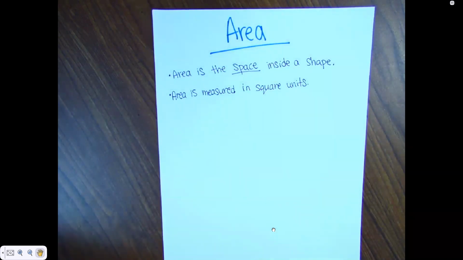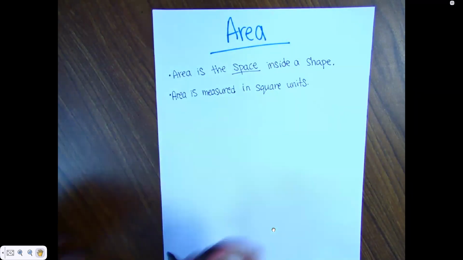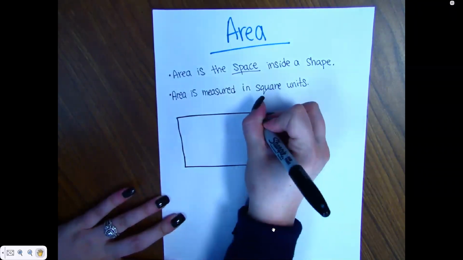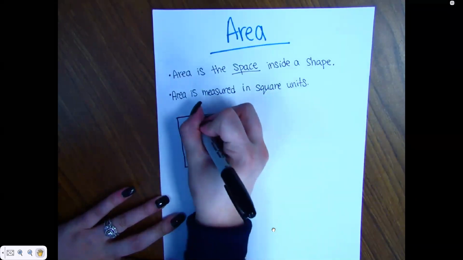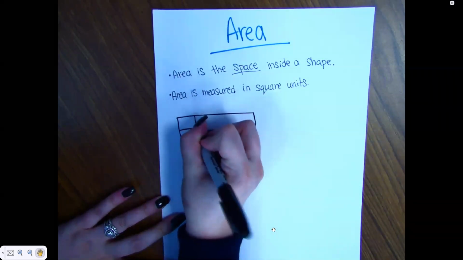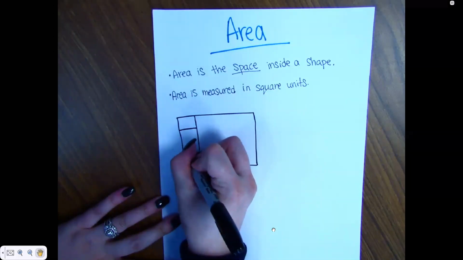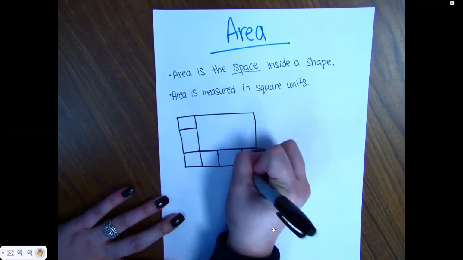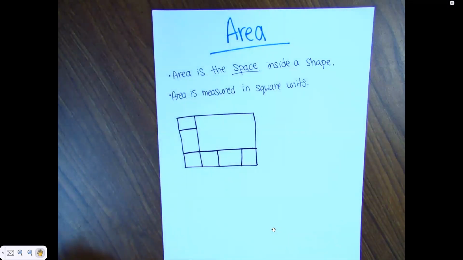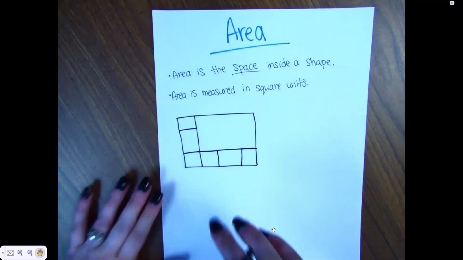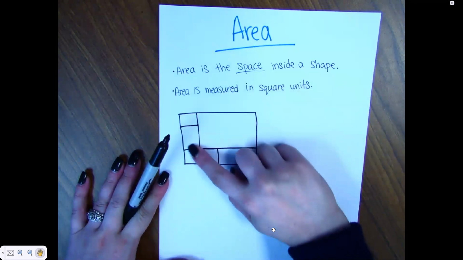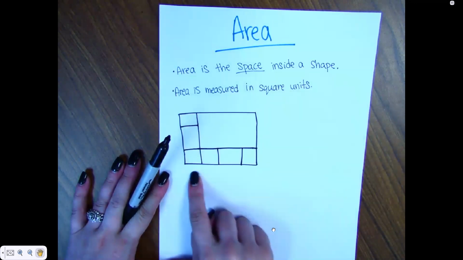So when I'm looking at area, I may be given a shape, and it's going to have squares in it. When I have my shape like this, it's going to have a length and a width, okay?